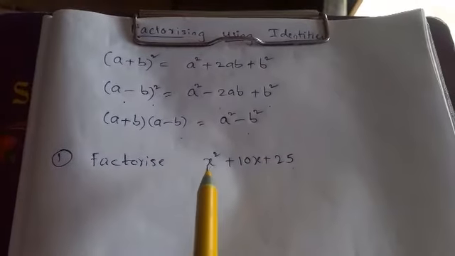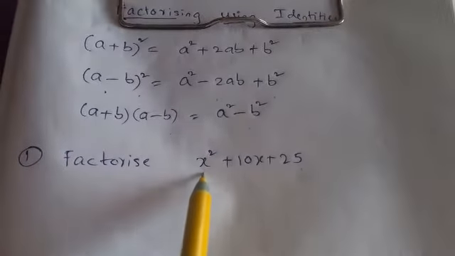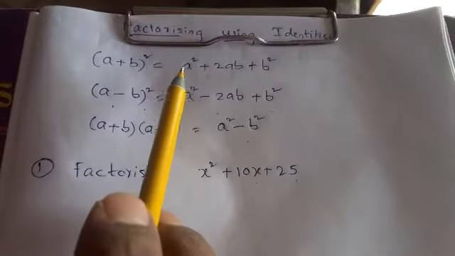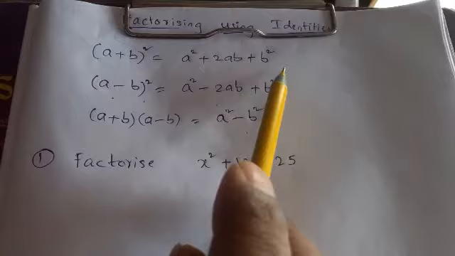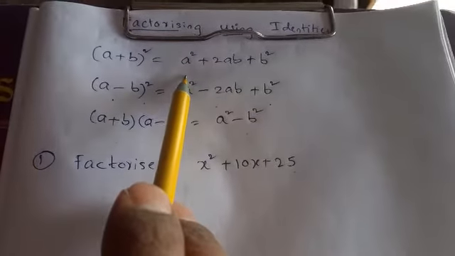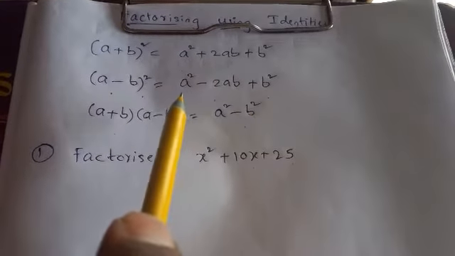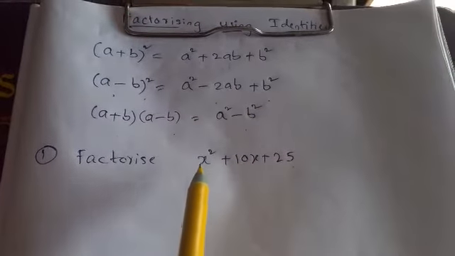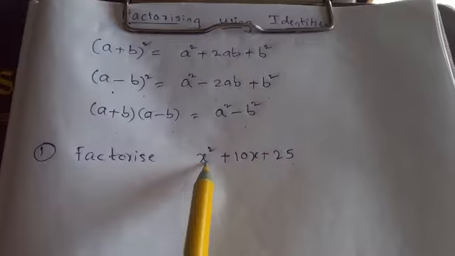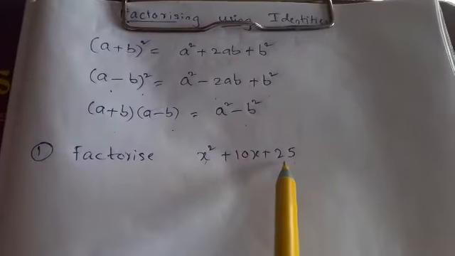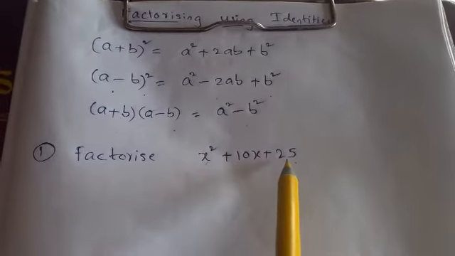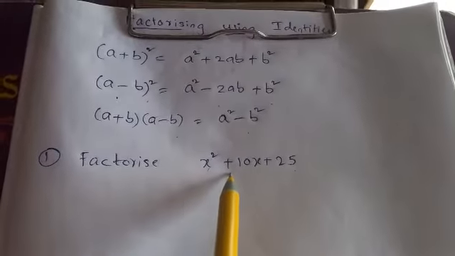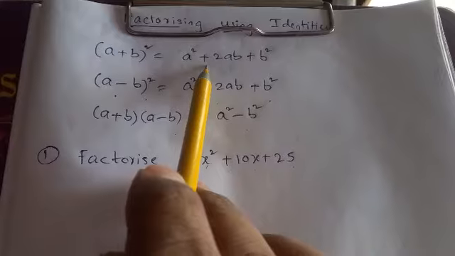The first term x square and the third term 25: in the identity, the first term and last term are perfect squares, a square and b square. Here the first term x square is a perfect square, and the last term 25 we can write as 5 square. And the middle term is positive.